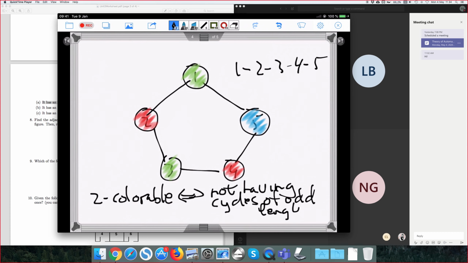Okay, and in this graph we have a cycle of odd length. The whole cycle that we have here has 5 edges, so we cannot color this graph with just 2 colors. Okay, so we need to do something different.